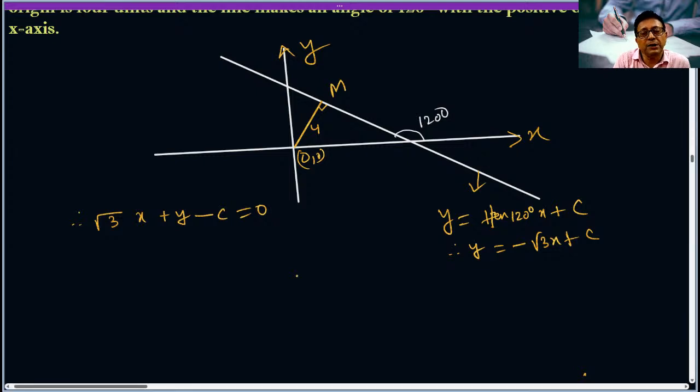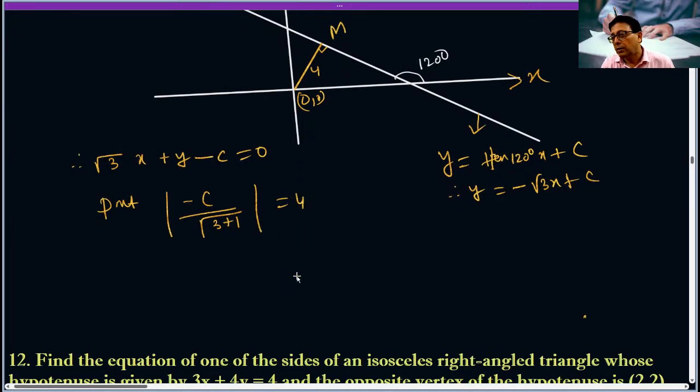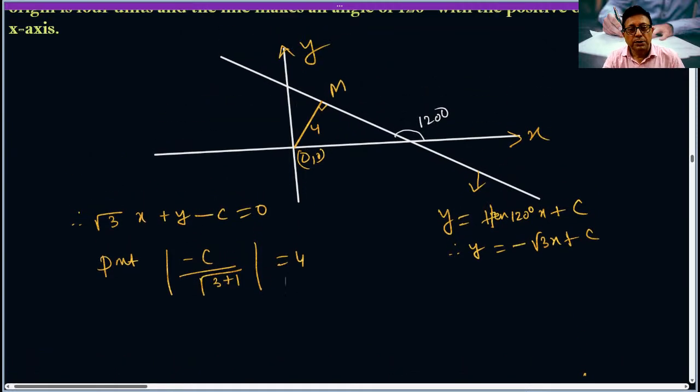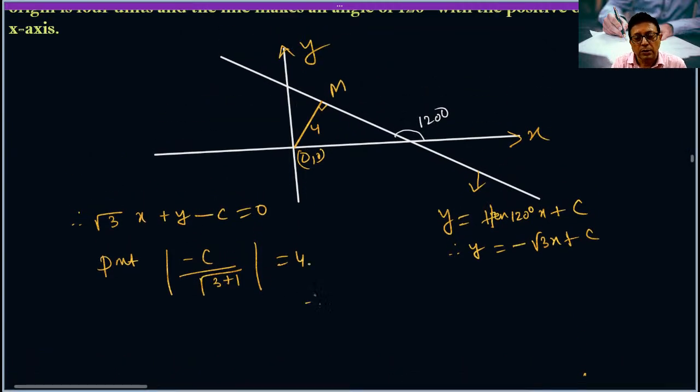Now use distance formula. From origin to this line, distance formula you know. Put, this is equal to 4. So c by 2, removing mod sign, plus minus 4.